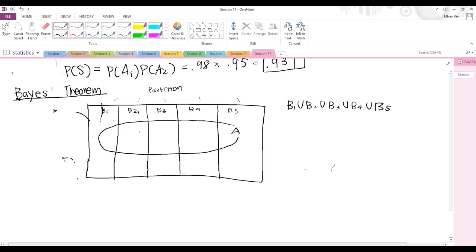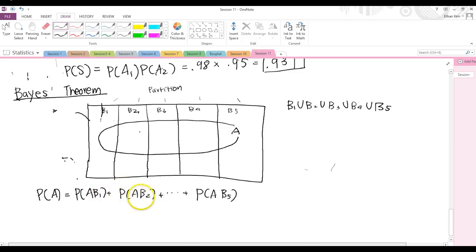Say we have the probability of A. This is going to be the probability of A and B1, so this part, plus the probability of A and B2, so this part, plus dot dot dot, plus the probability of A and B5.